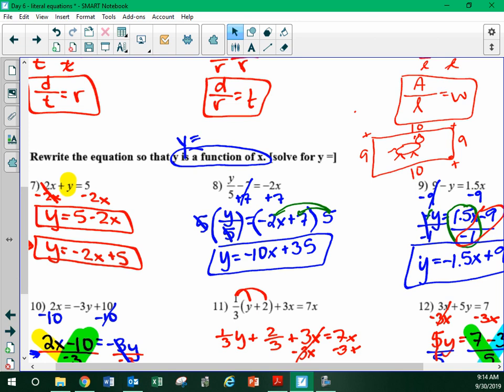All right, so let me go ahead. Actually, I'll pass out the practice first. Here you go. Okay, I'm going to pass it out first, get everyone paired up, and then we'll take a look at it.